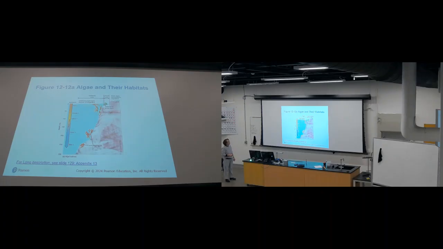So here we have, according to the depth in the ocean, habitats for different algae. So the surface will be 0 meters up to 300 meters.